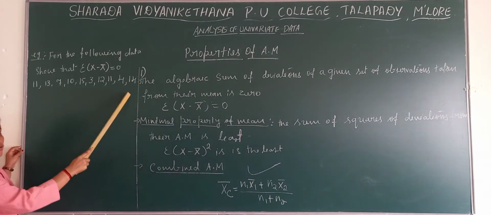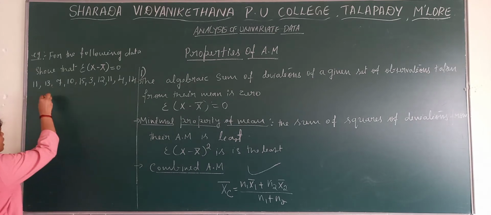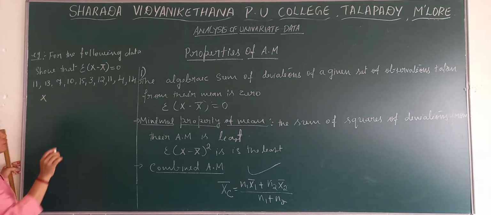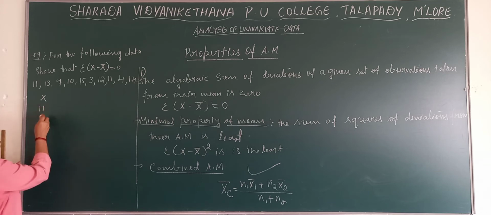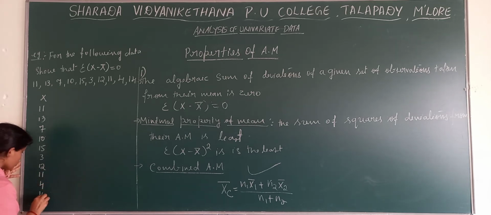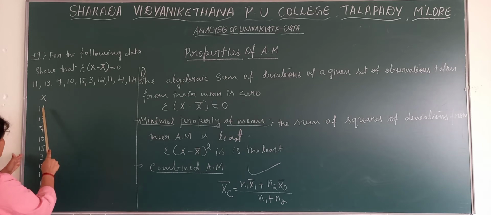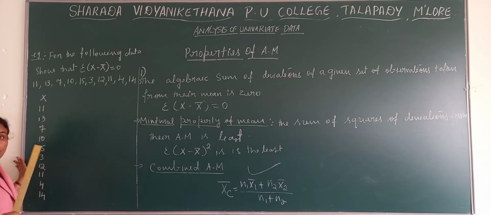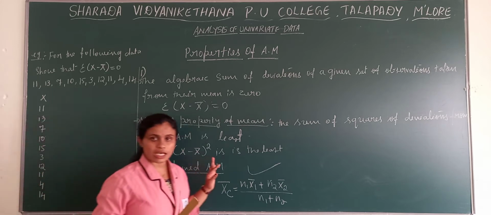Firstly, we write the given set of observations: 11, 13, 7, 10, 15, 3, 12, 11, 4 and 14. How many observations? Altogether 10 observations are there.